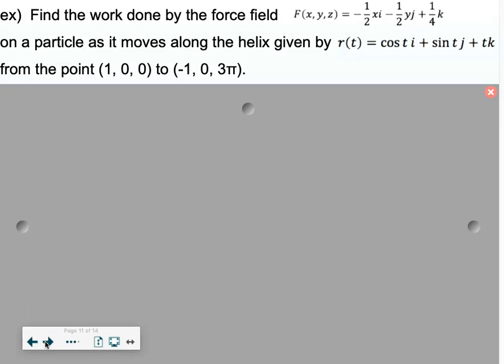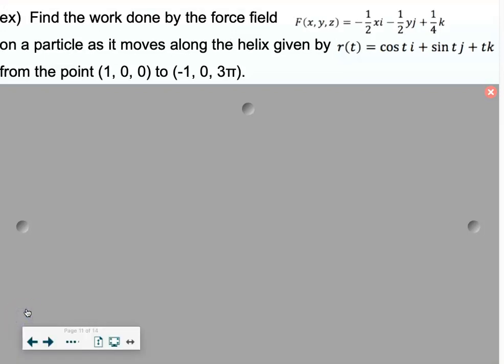Very similar to the last problem, except they didn't give you the starting and ending t values. They just gave you starting and ending points. So you have to figure out your starting and ending t values for your integral, which actually is really easy because remember, these are points on r of t. So you just have to ask yourself what t value gives you this point and what t value gives you this point.